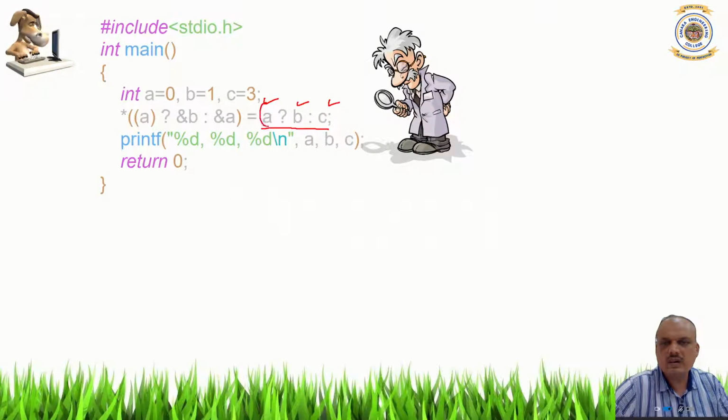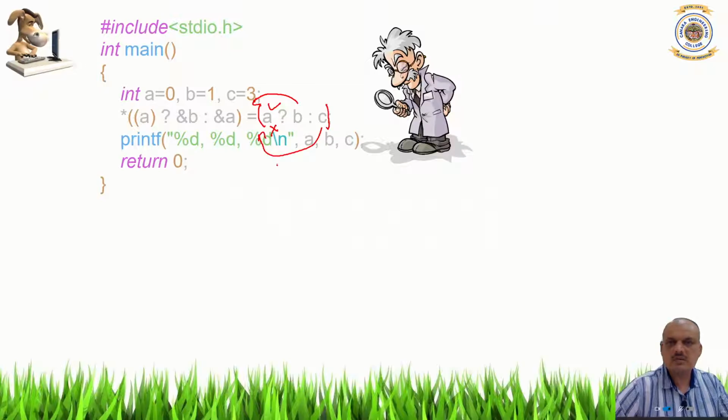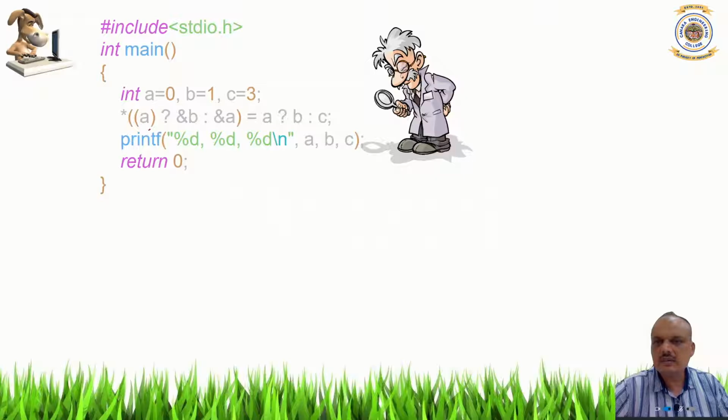If whatever is out here is true, then this particular expression returns B. If it is false, what comes out is C. That is how this if-then shortcut works in C.